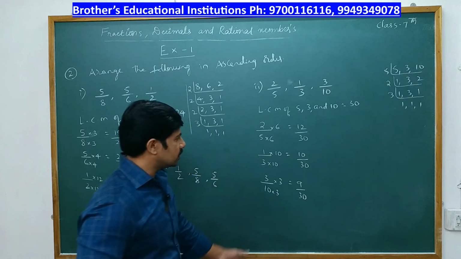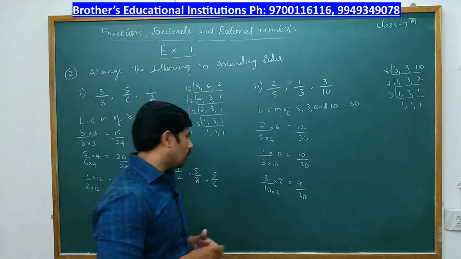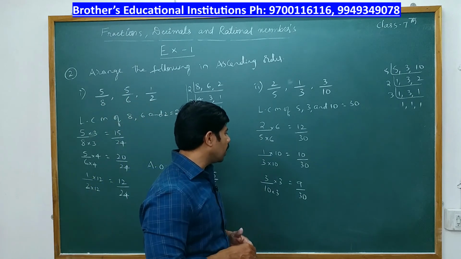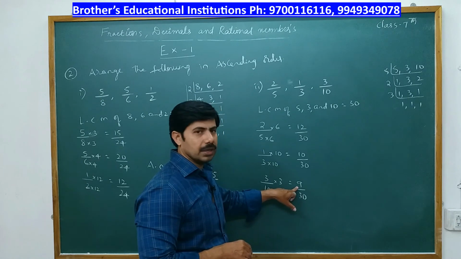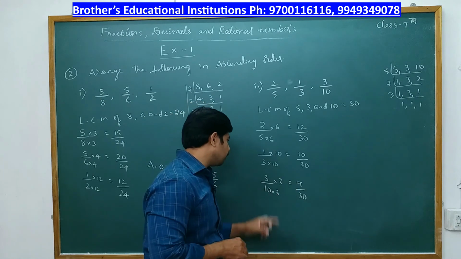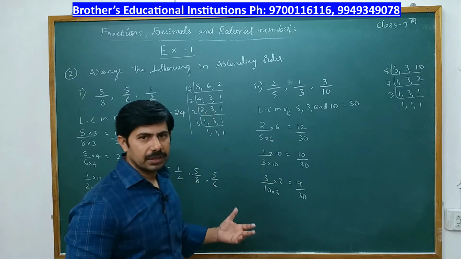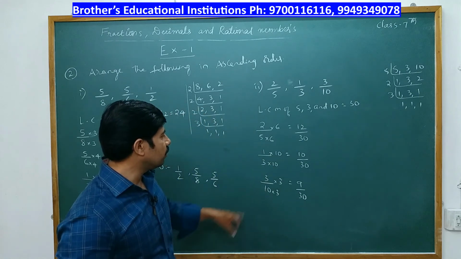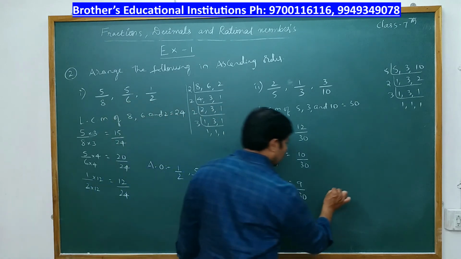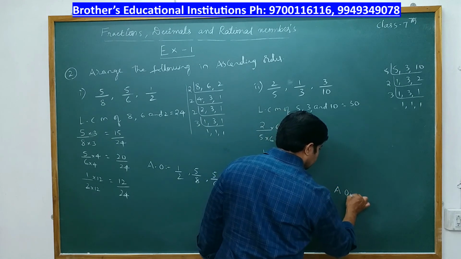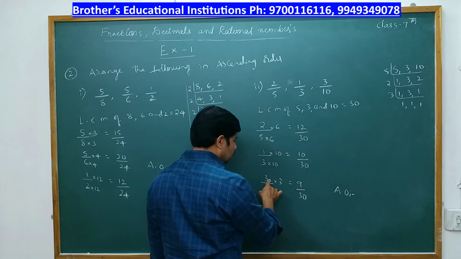Now we have the same denominators. Now after getting all the denominators the same, the smallest number is 9 by 30. So from where did we get this? From 3 by 10. So when we are writing in ascending order, the smallest one will be 3 by 10.